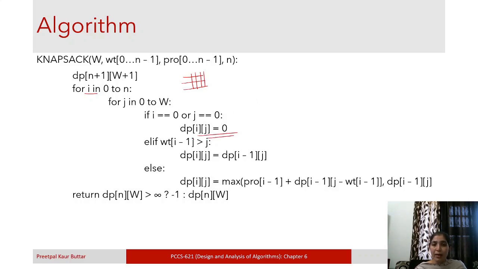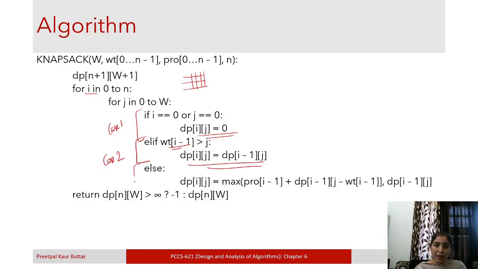Okay, and then this was case 1, which we discussed in a previous slide. And then this is case 2, when you have no other choice except to exclude that item. When the weight of the item you are considering is greater than the capacity of the knapsack, in that case, you will simply copy the solution to the previous subproblem, right?